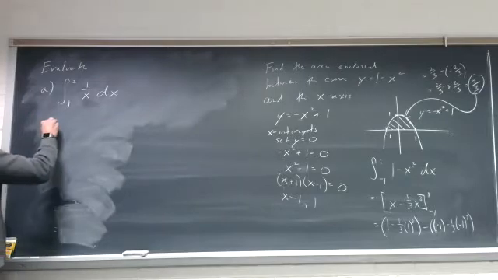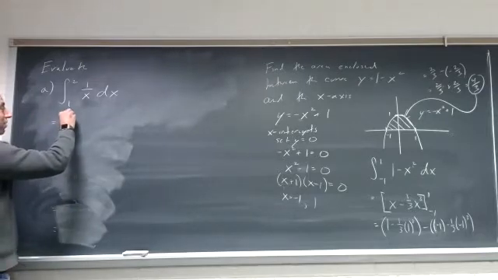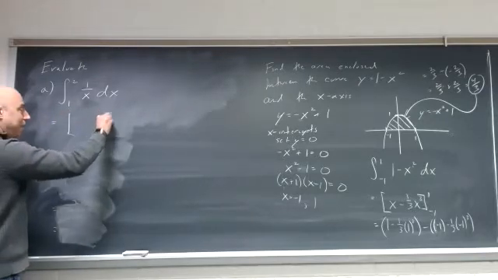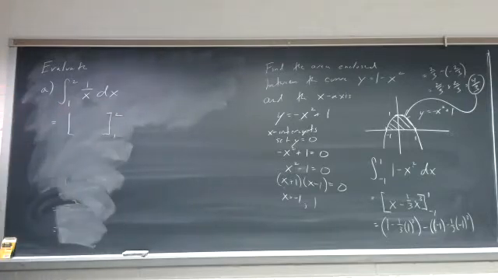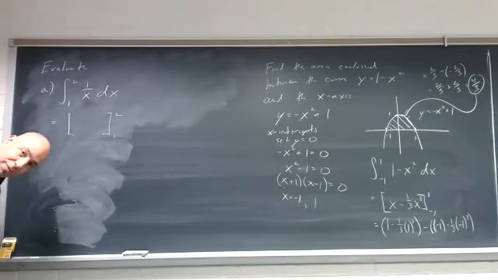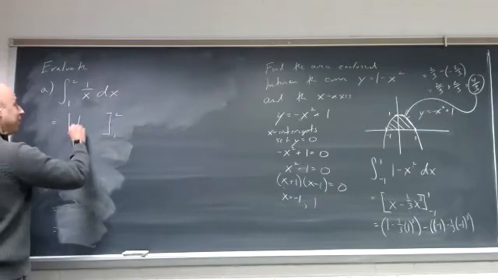So without working very hard, you can put the brackets down, you can put the 1 here and the 2 there. All we need now is an antiderivative for 1 over x. And what is a good antiderivative for 1 over x? Would it be the natural log of x? Exactly, the natural log of x.